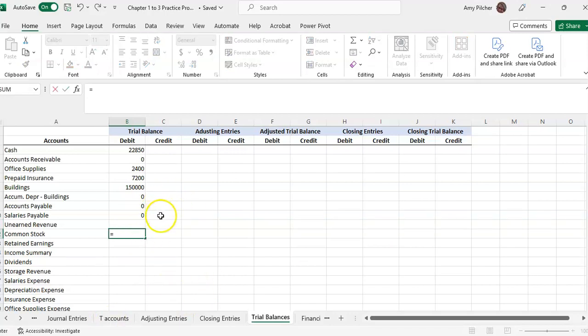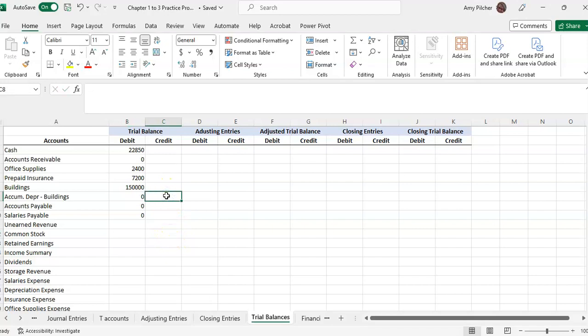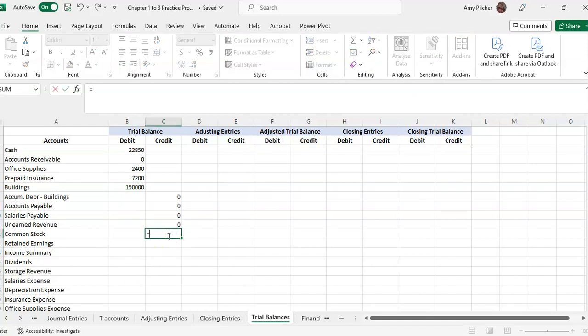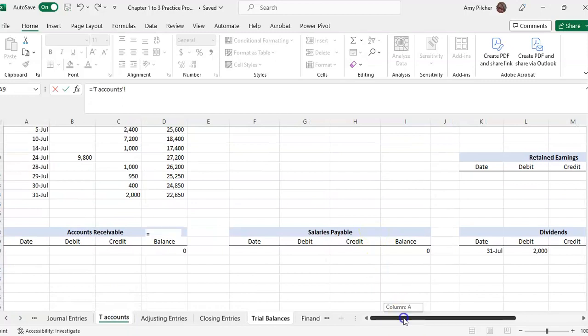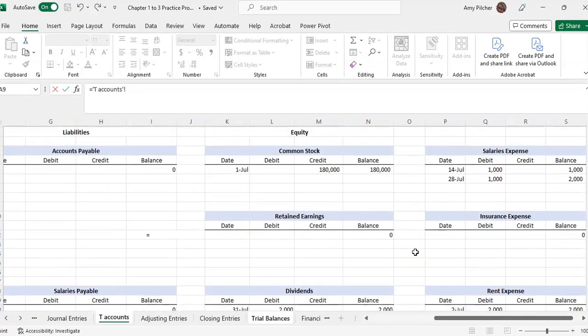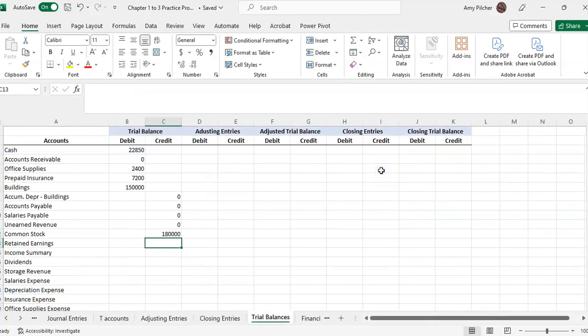Oh, it probably helps if I put these on the right side. Common stock, $180,000.